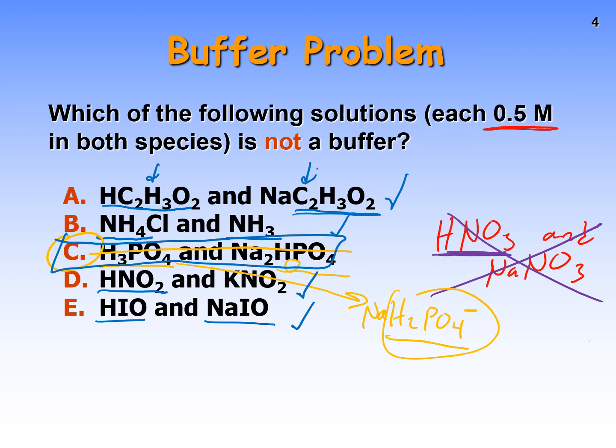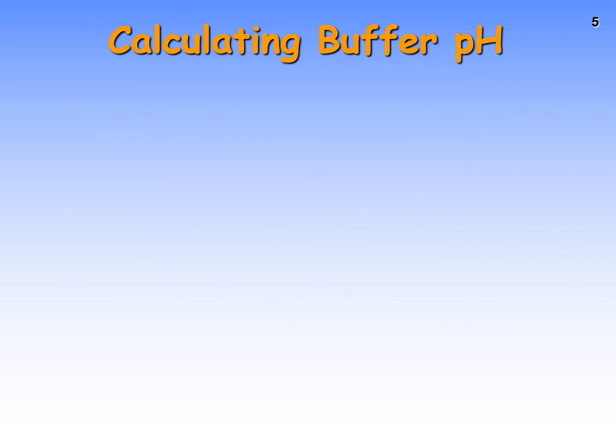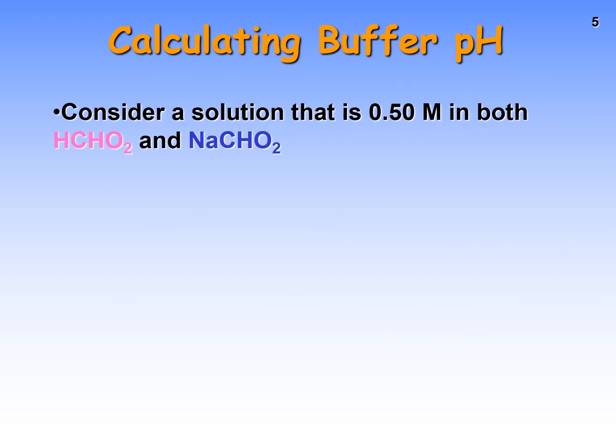Okay. So let's look at calculating the pH of a buffer solution. When we calculate pH, we need to understand that we have 0.5 molar, in this case, of formic acid and sodium formate.